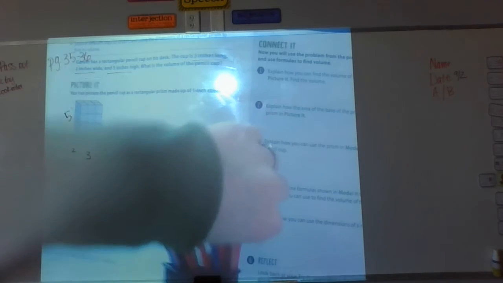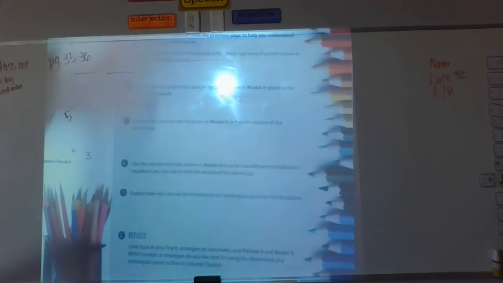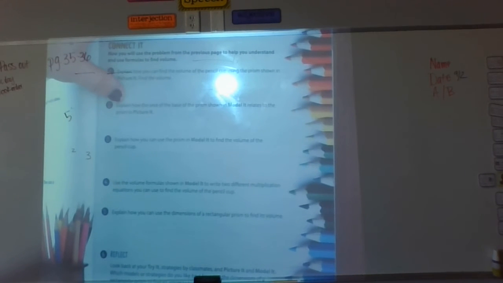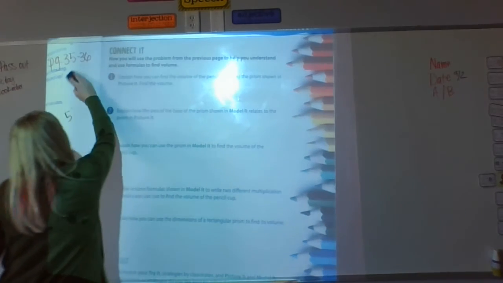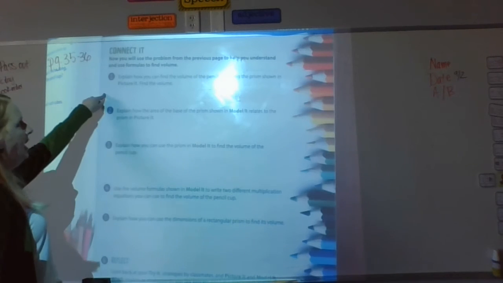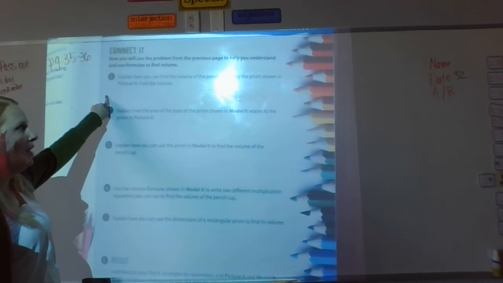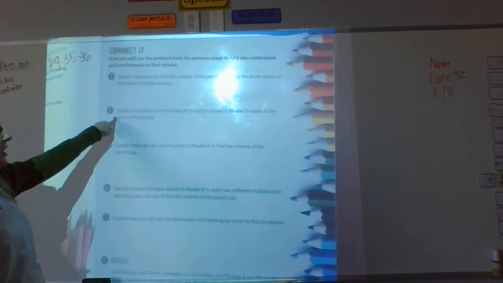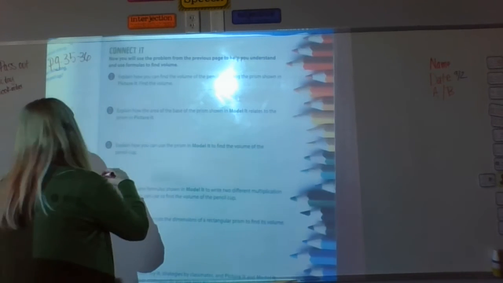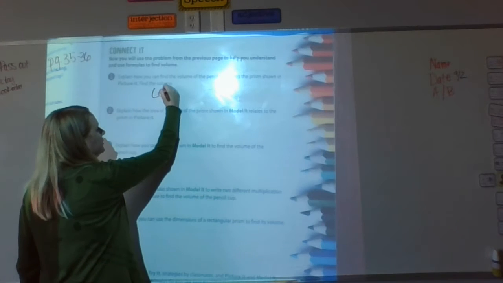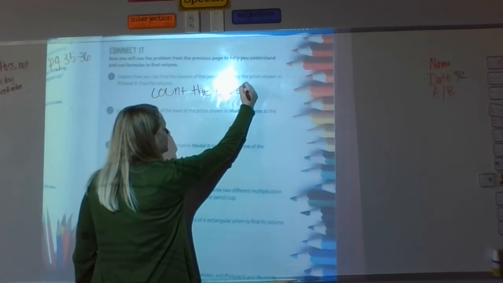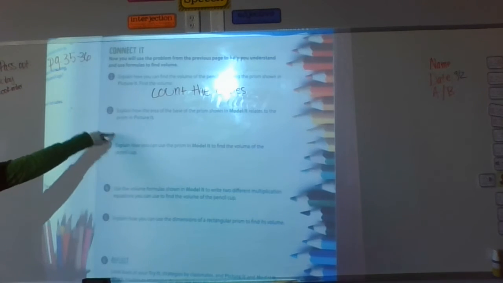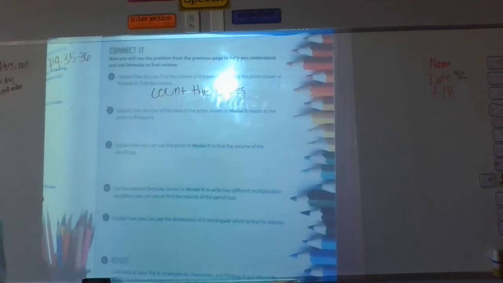Let's go over to page 39. I'm just going to erase what we did so that you guys don't get confused. Number 1, explain how you can find the volume of the pencil cup using the prism shown in the picture. You can count the cubes. Explain how the area of the base of the prism shown in Model It relates to the prism in Picture It.